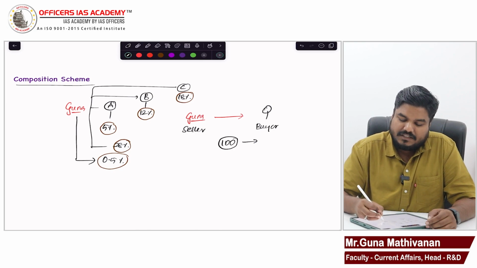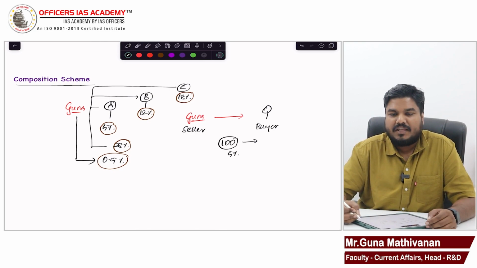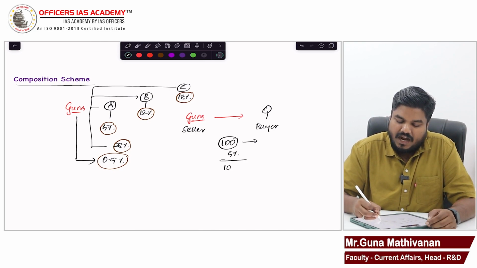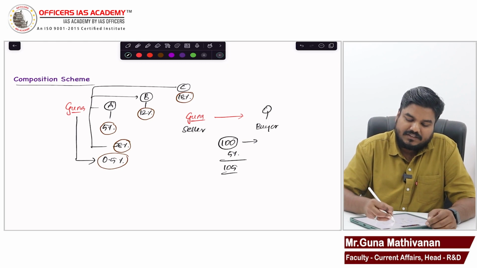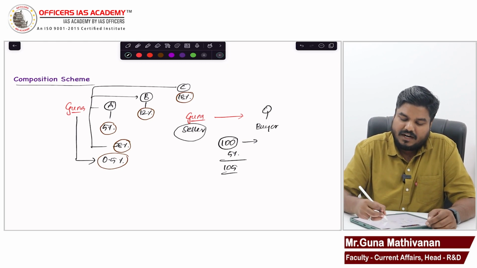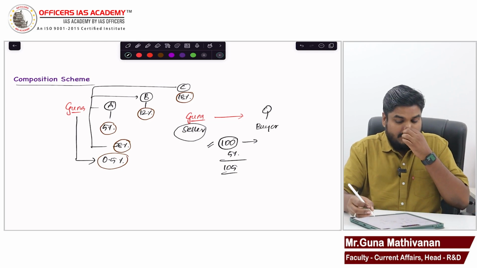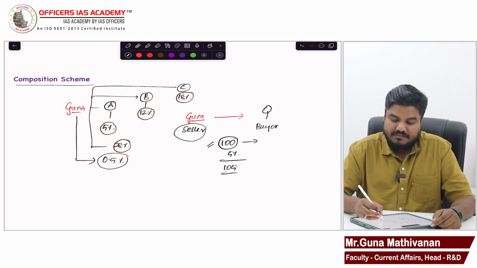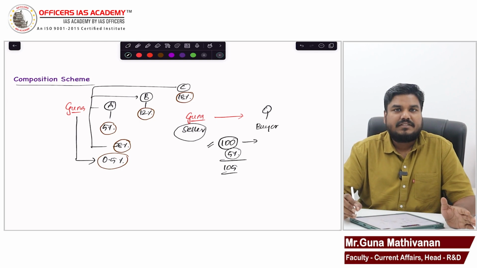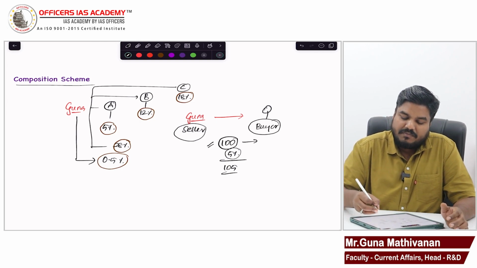Let me assume for this product GST is 5%. So the buyer is going to pay 105 rupees to Guna.